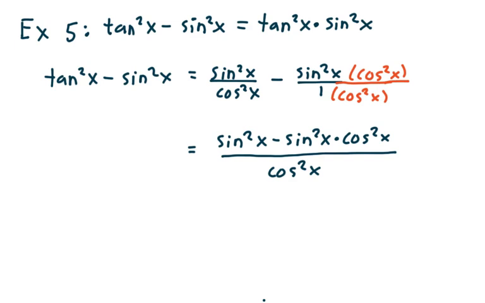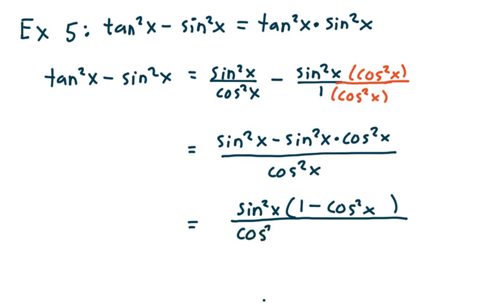It's a really, really good problem. It's really interesting because now look what happens. In the numerator up here, I'm going to factor out a sine squared x. In parentheses, I get 1 minus cosine squared x. And then on purpose, notice where I'm placing the cosine squared x. I want you to pay attention to something here. What is sine squared x over cosine squared x? Sine squared x over cosine squared x is tangent squared x.